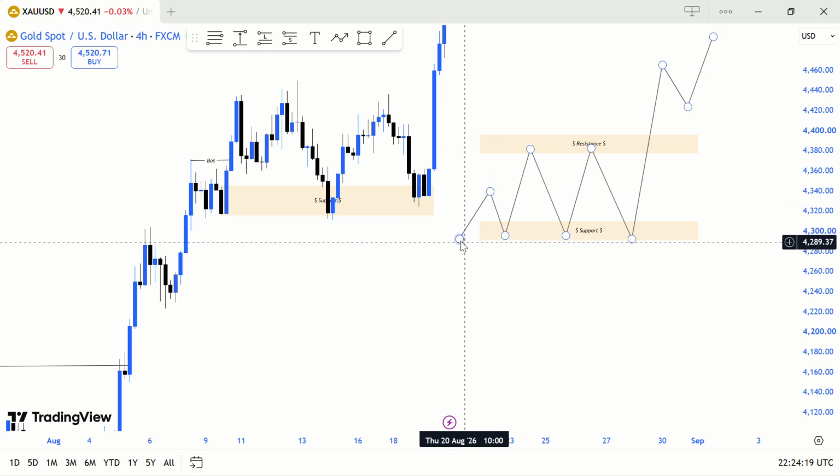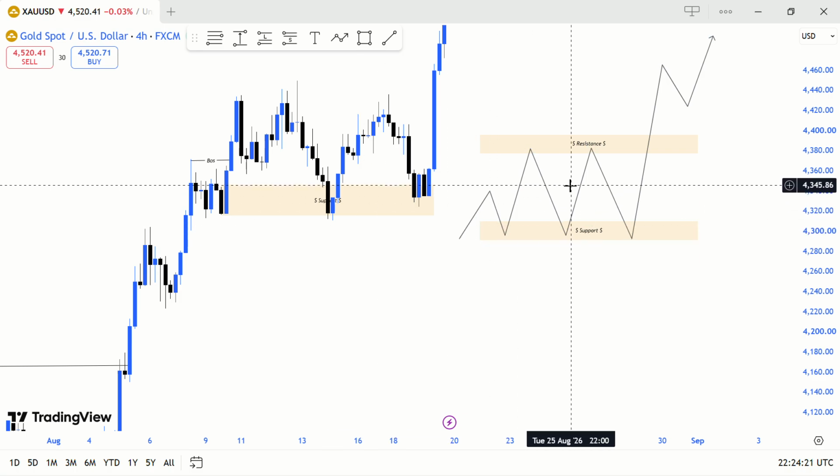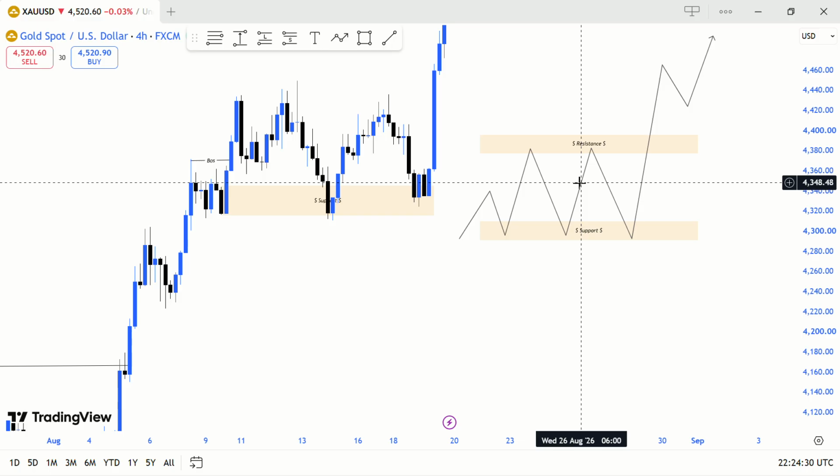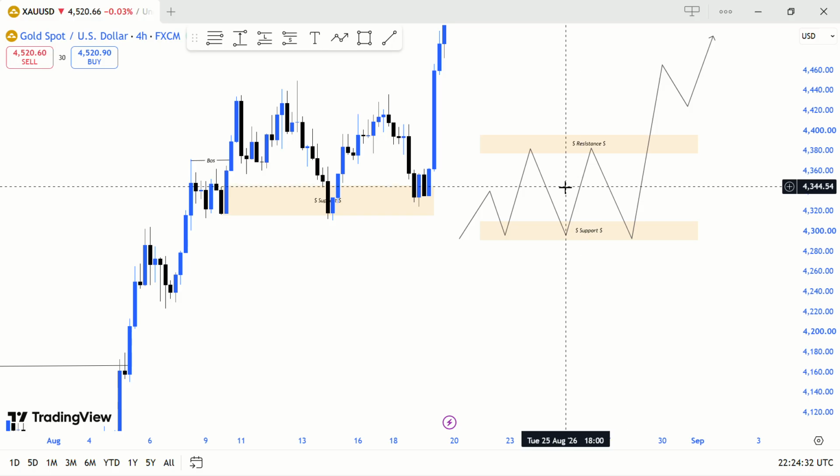In this scenario, how we're going to look at it is the first to complete the 3 points has the greater potential of pushing the market either to the upside or to the downside.